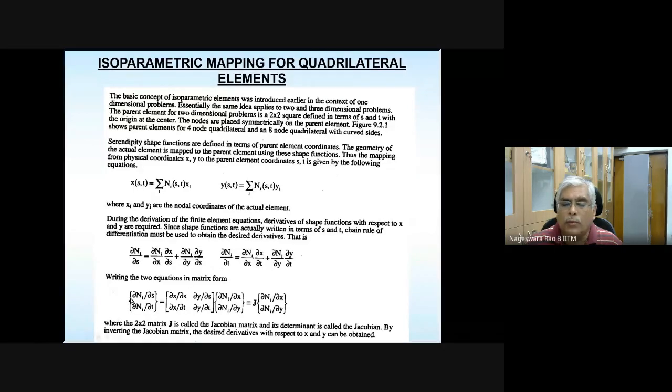So now here, what this relation is giving: the derivative of the shape function with respect to the parent coordinates s and t, how they are related to the derivative of the shape function with respect to the actual element coordinates x and y.